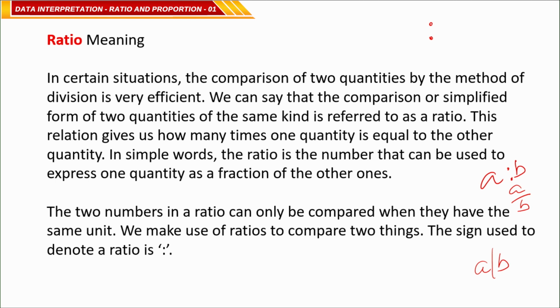For example, CGS units and SI units: for force, CGS units use dynes and MKS units use Newton. We can say 1 Newton is equal to 10 to the power 5 dynes, so the comparison is 1:10⁵, like so many comparisons.